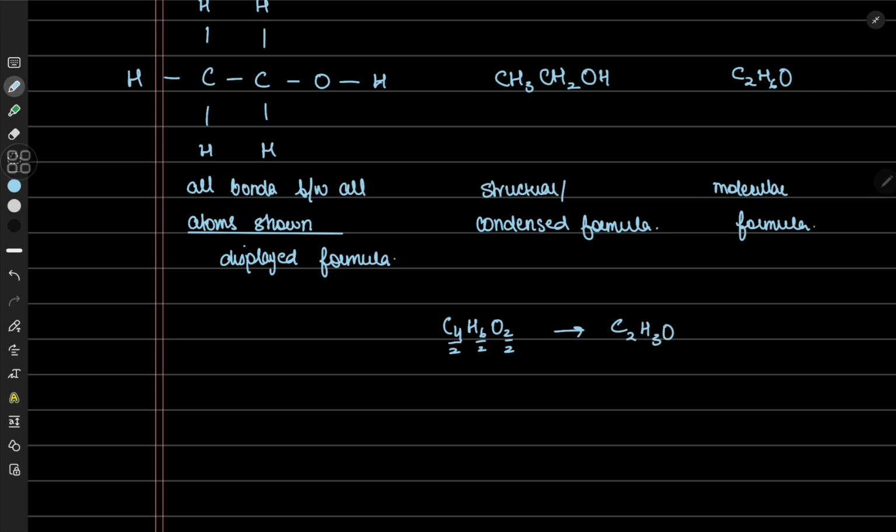But in the case of ethanol, we cannot divide by 2 because it will give us a 0.5 here, which is not possible. There needs to be whole numbers here. So we divide it by 1 simply and it remains the same. So C2H6O is the empirical formula as well.